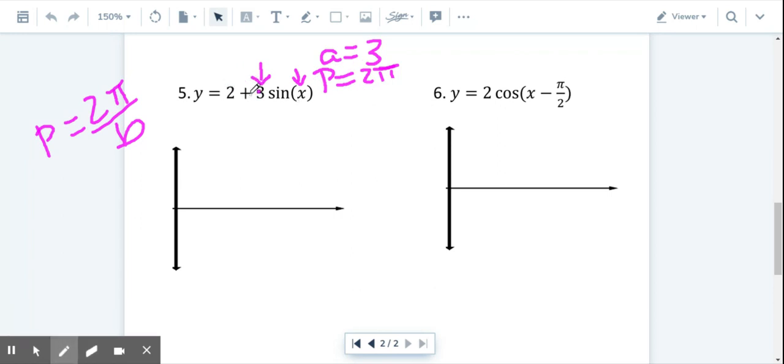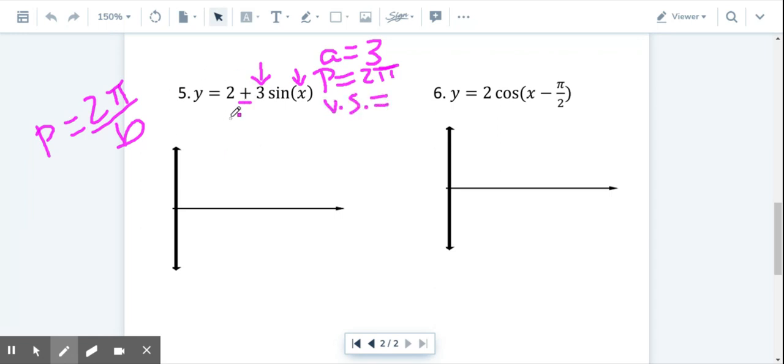And then we have a shift here. So because of this plus 2, even though it's in the front, it still qualifies as a shift. So anytime we have a plus, that means there is some type of shift up, down, left, or right. So because this is not inside parentheses, it is a vertical shift.